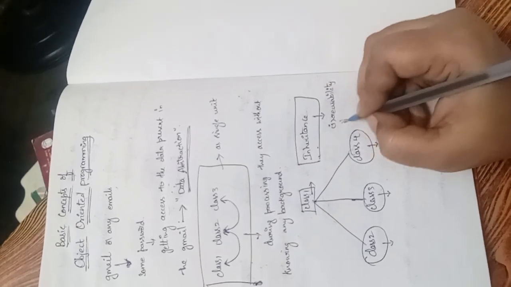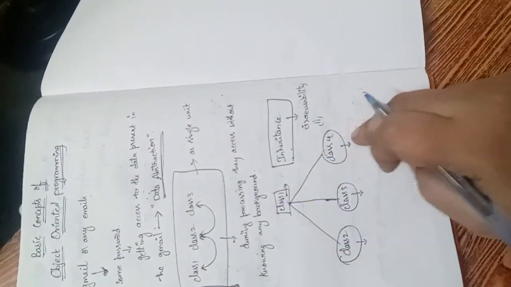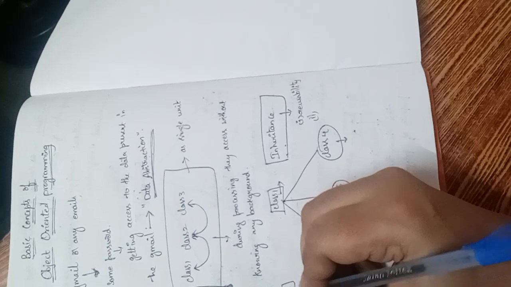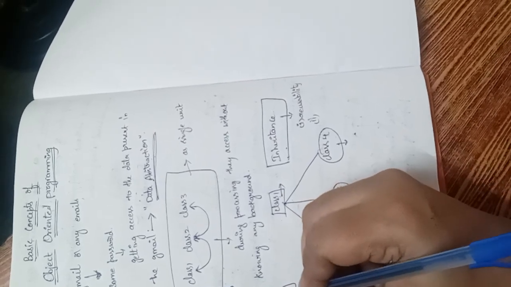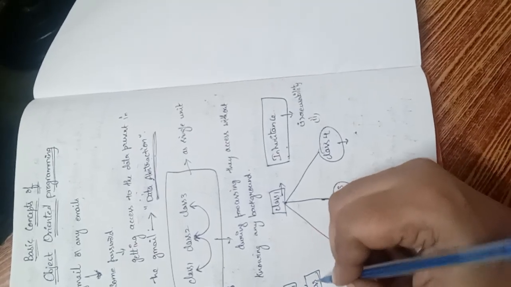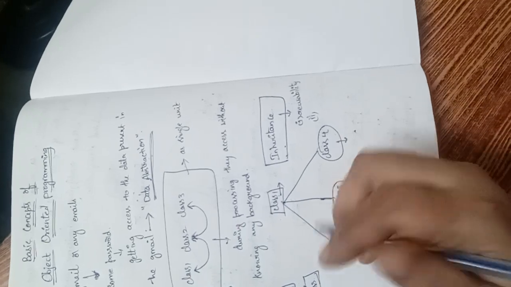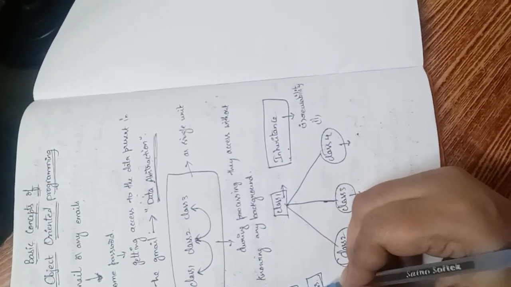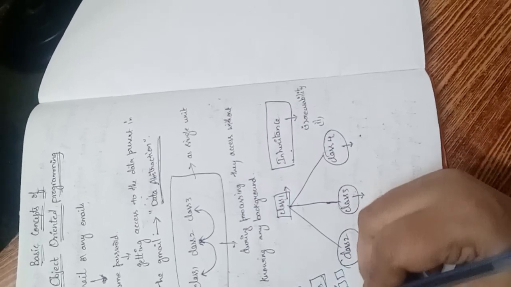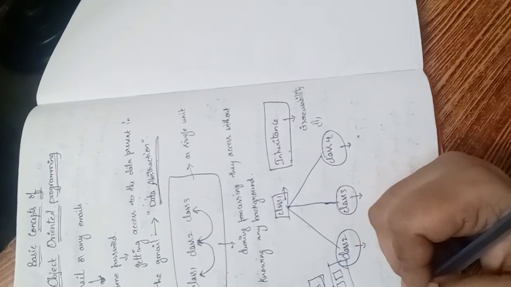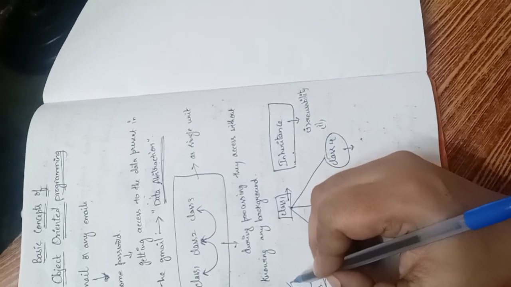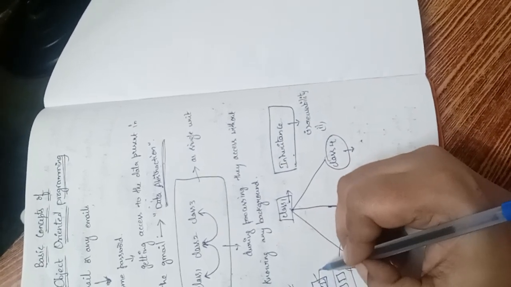The second one is hierarchical classification. Hierarchy means, if you take any school, first is the headmaster or principal, after the principal you will have a class teacher, then all the subject teachers. The principal will have some properties, the class teacher will have some properties.